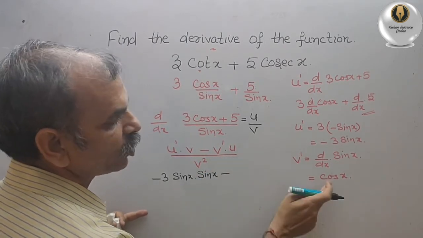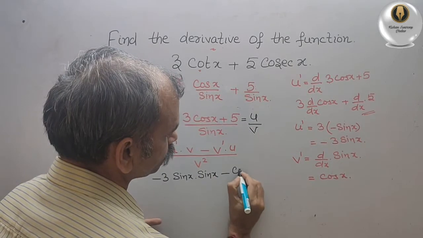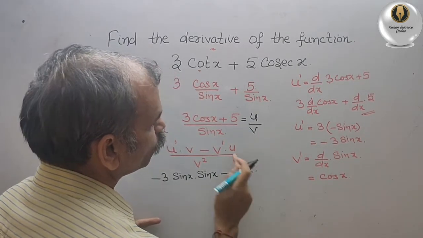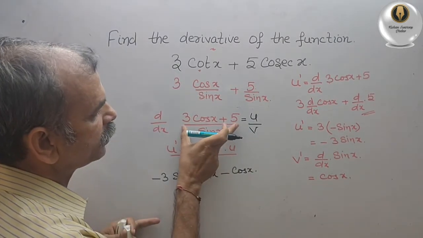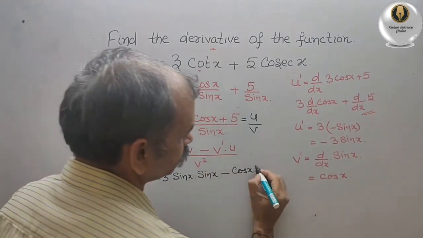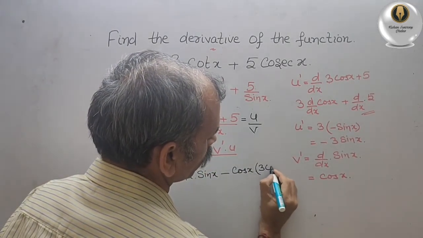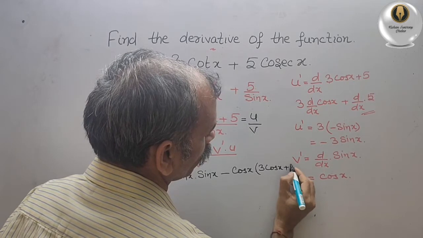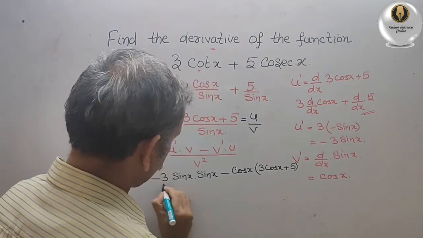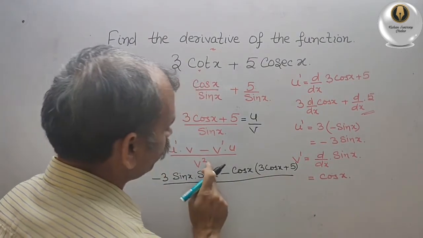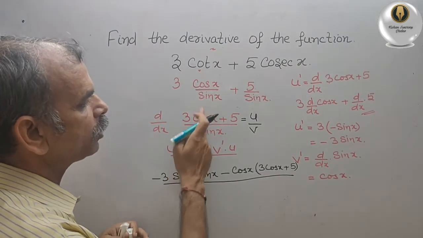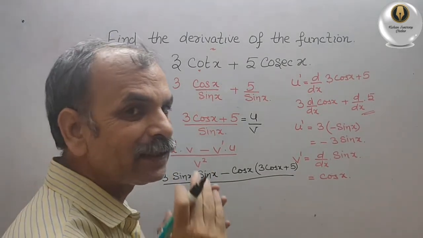Minus v dash, which is cos x, into u. U is 3 cos x plus 5. By v square. V square is sin square x.